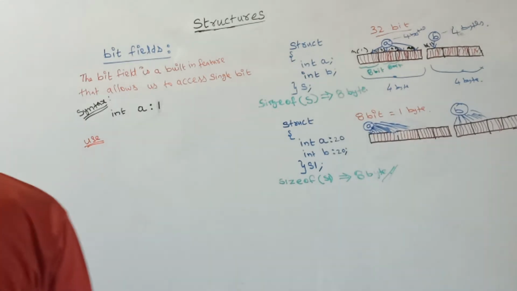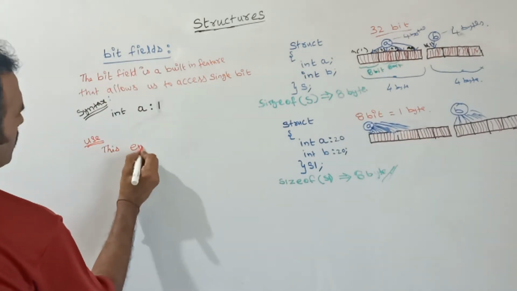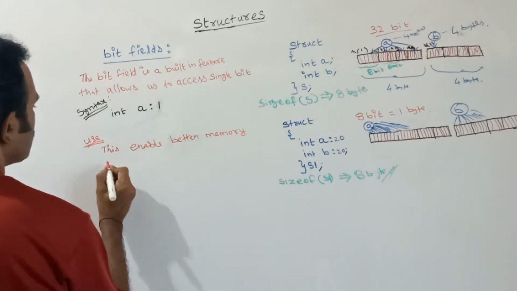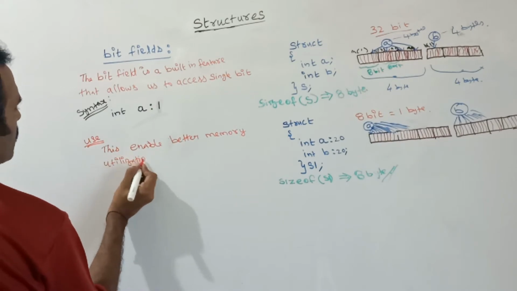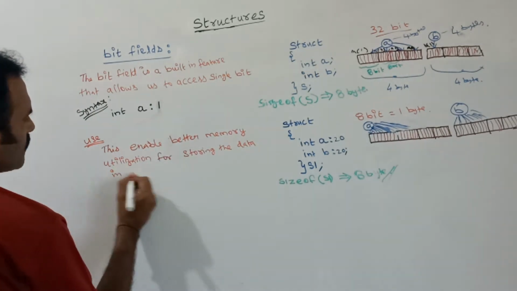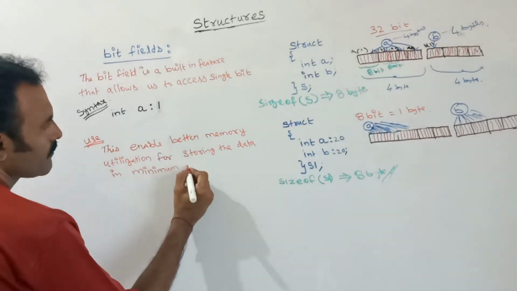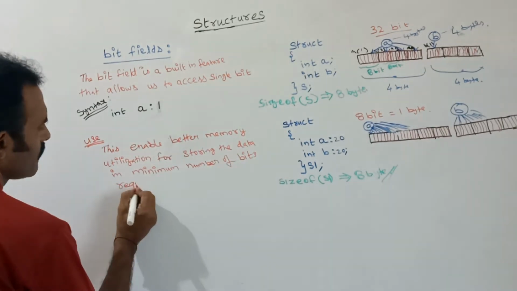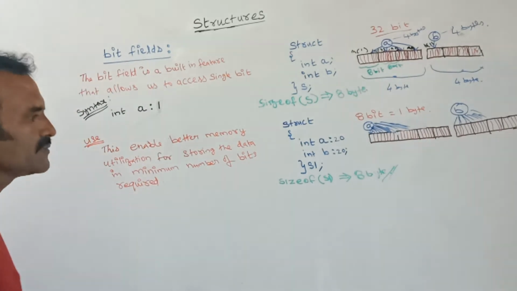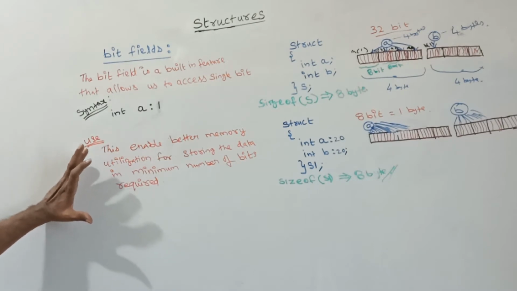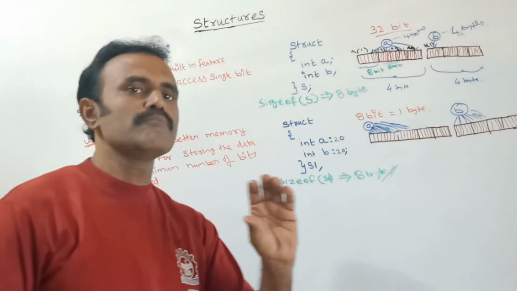The main use of this bit field is that we can utilize the memory for storing the data in a minimum number of bits.